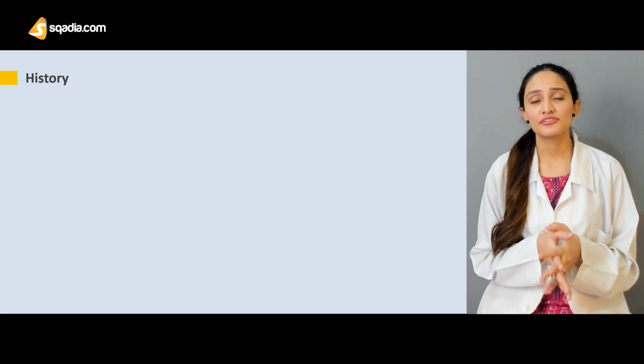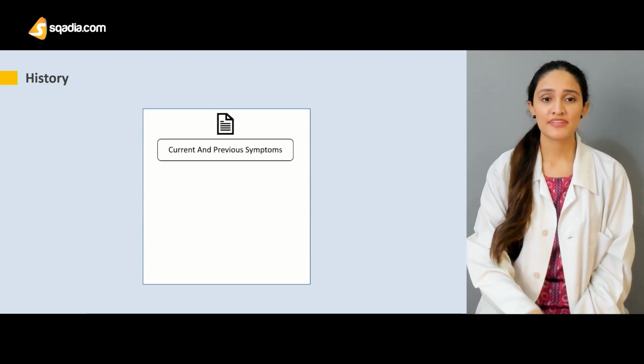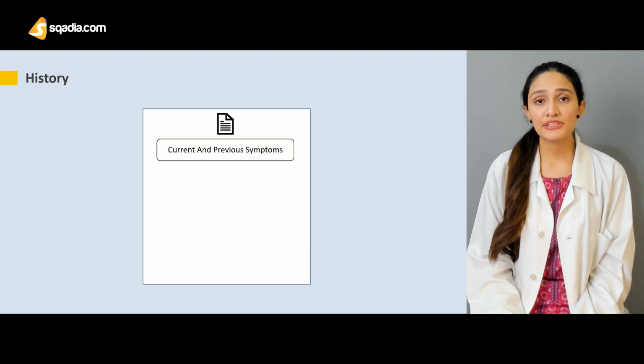So, now we'll be talking about the important key factors and key points that you should be remembering and keep in mind during investigating a patient regarding diabetes mellitus. So, what are those key points? One being the current and previous symptoms.